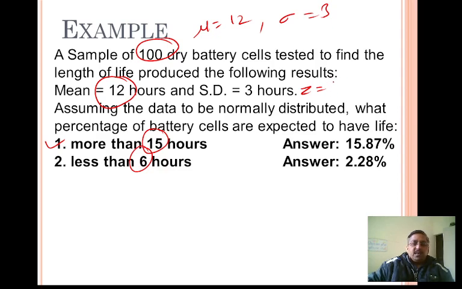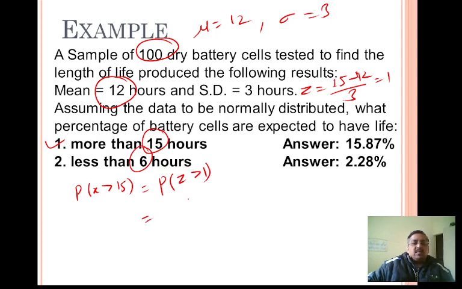For the first question, z equals x, that is 15, minus 12 upon the standard deviation, that is 3. So you will find 1. We are interested in the probability of x greater than 15, that is the probability of z greater than 1, right?